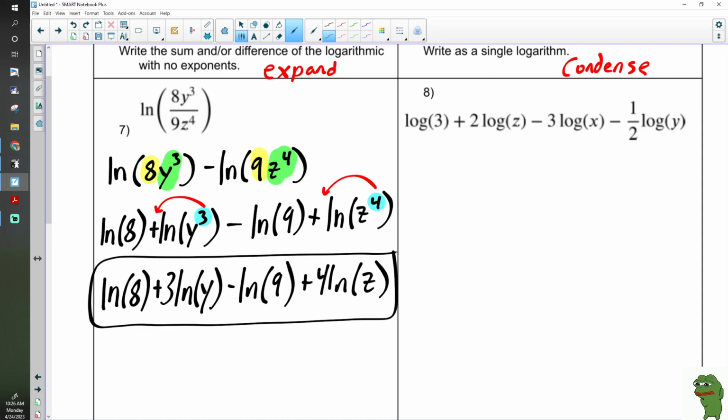If we're going in opposite order, the first thing is any numbers in front have to go back inside as exponents. So if I look here, I got a 2 there, I got a 3 in front there, I got a 1/2 there. All of these are going back into the inside as an exponent. We're putting everything back together.